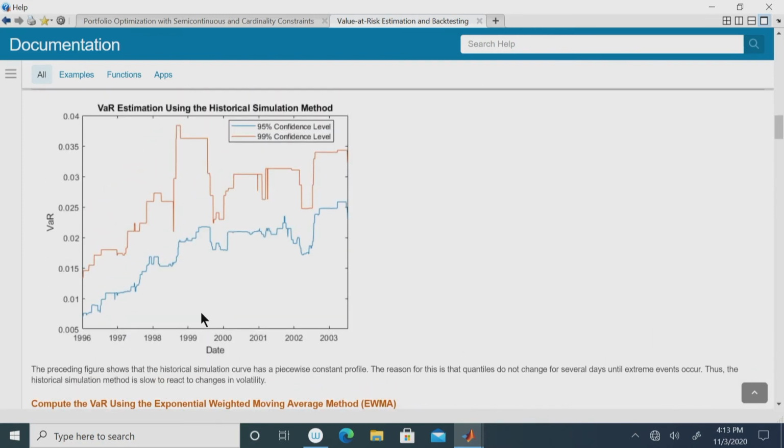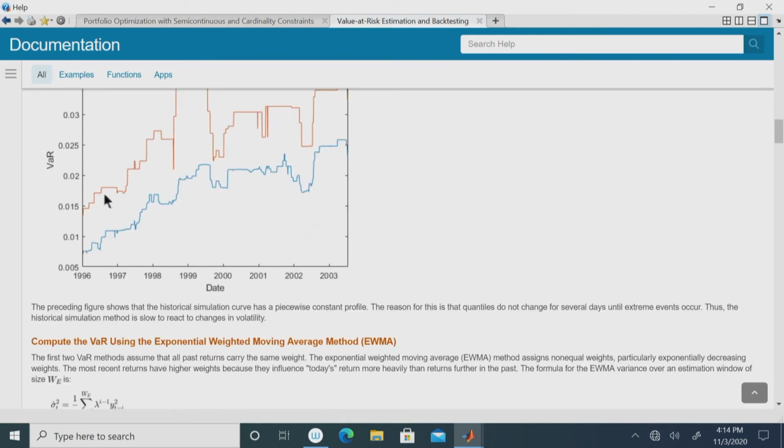Just one thing that you need to observe here is that there are periods where this exhibits a constant behavior, and the reason for this is that quantiles do not change for several days until extreme events occur. From this you see that this historical simulation method, while it is very easy to use and does not make use of any assumption about the distribution of returns, also suffers from the drawback that it reacts slowly to changes in the volatility that happens.